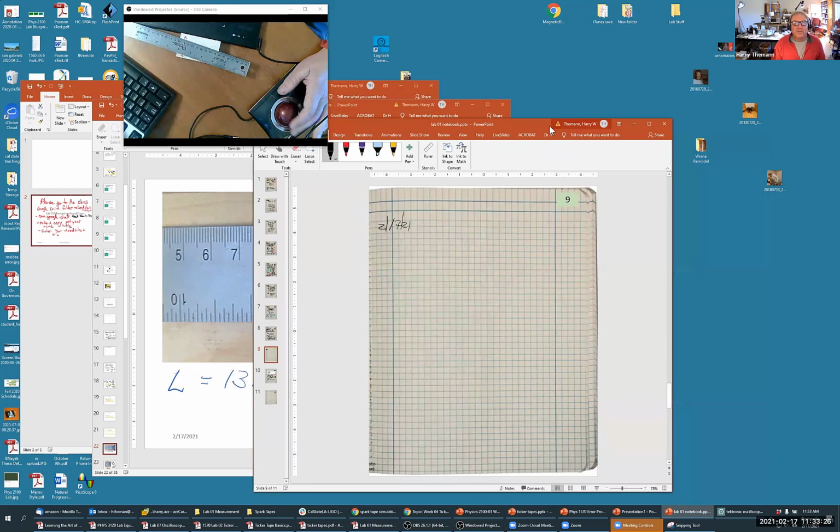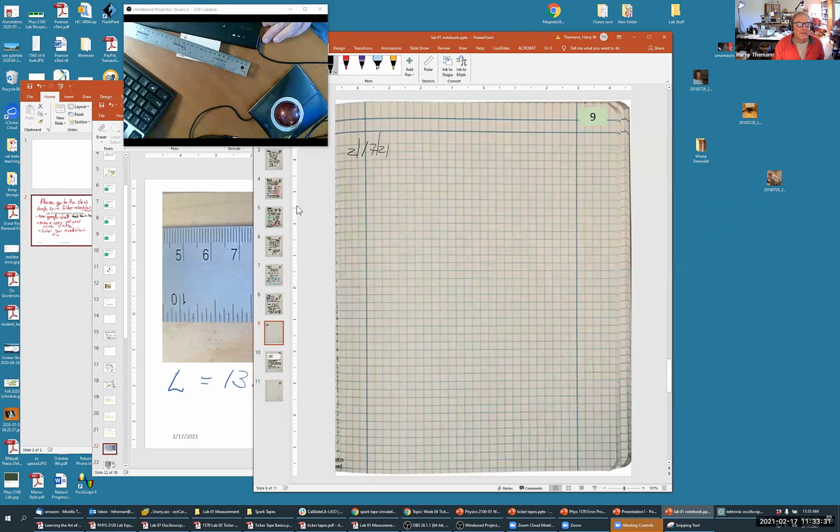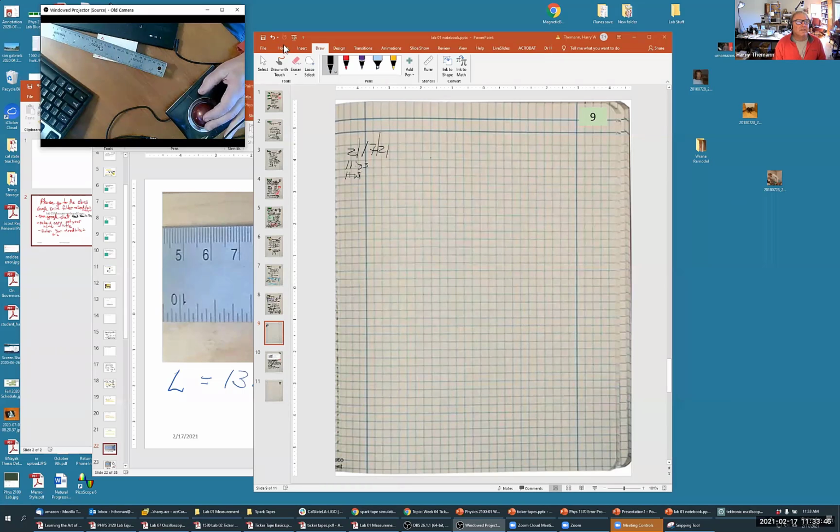How can we make this better? If I make it bigger, I can't write small enough to fit it where it belongs. And the time 11:33, and my initials. So parallax, and then we finally figured out how to use the ruler here.